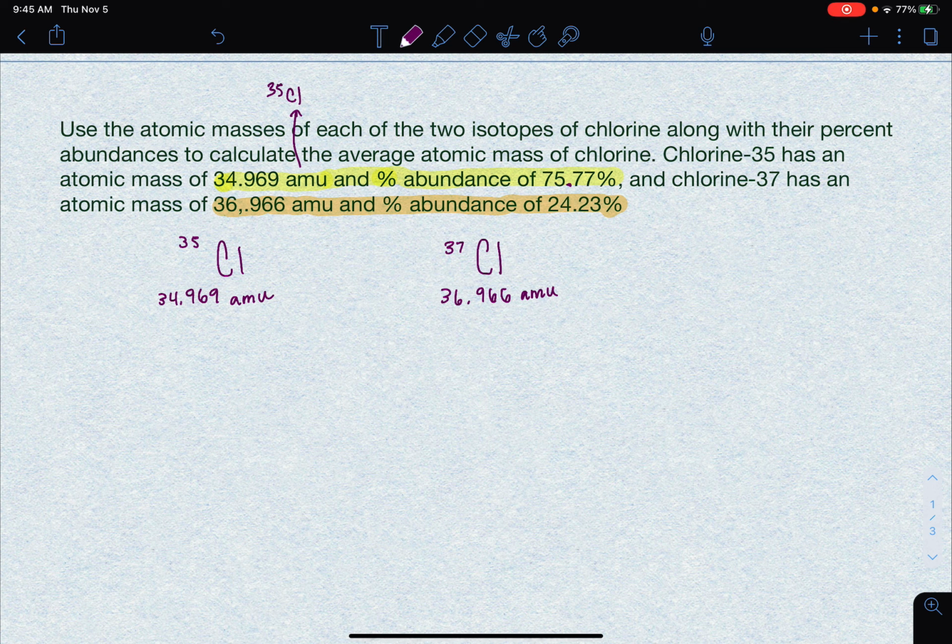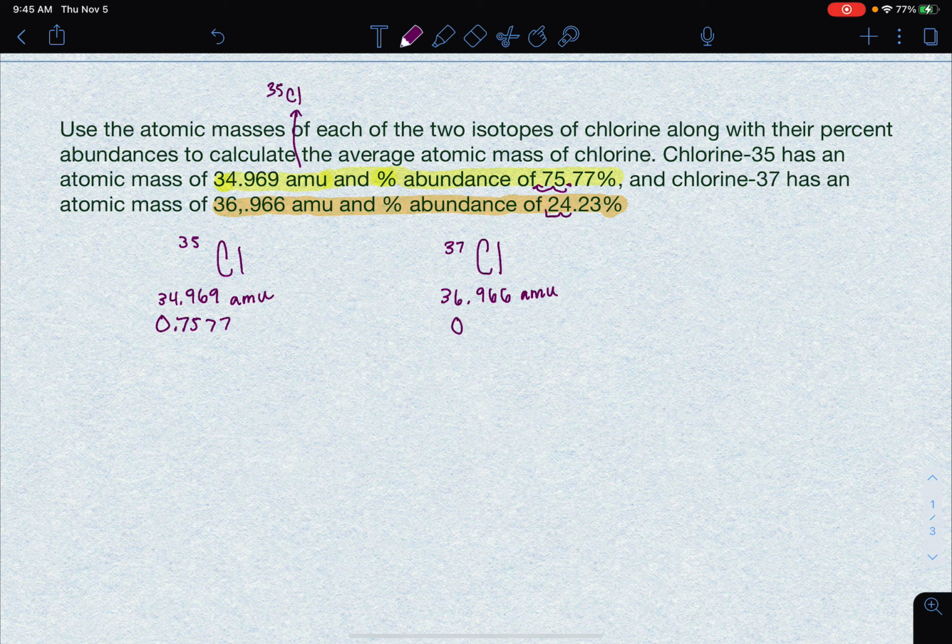When I'm calculating the average atomic mass, I do want to use the fractional abundance instead of the percent abundance. So what I'm going to do is actually move that decimal over twice. You get 0.7577. And there's no unit for percentages. It's just alone.